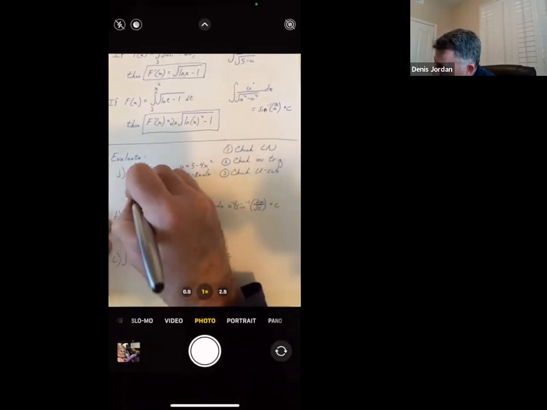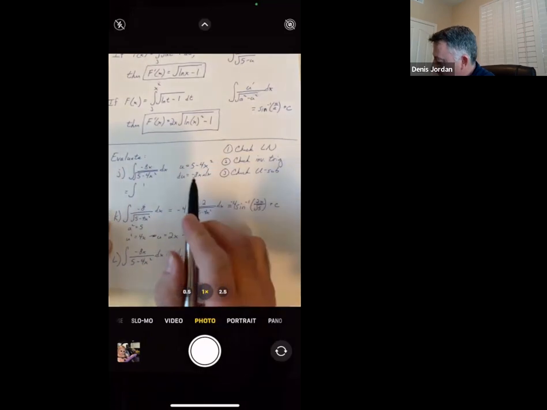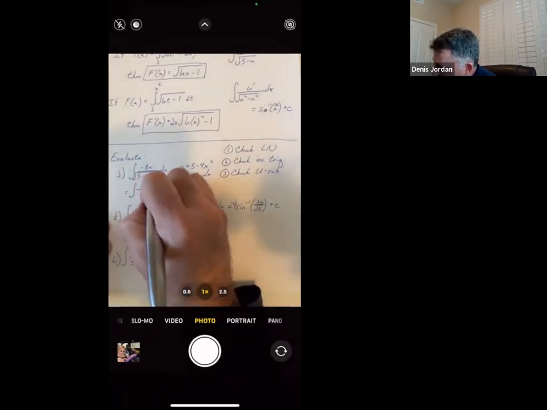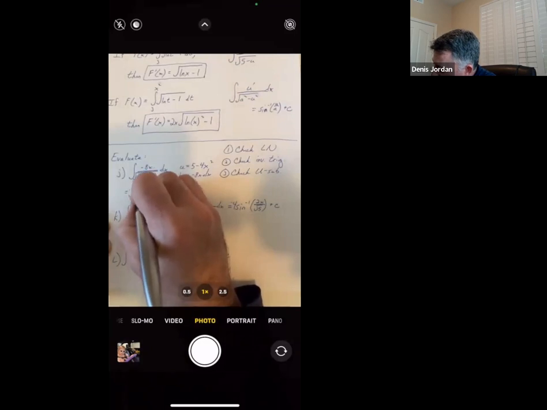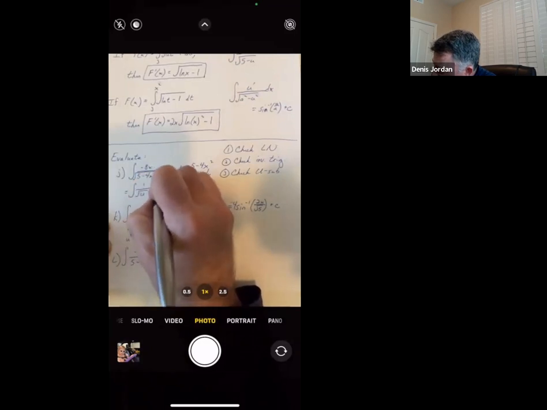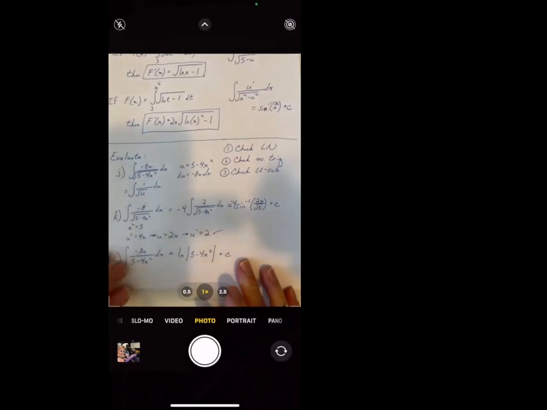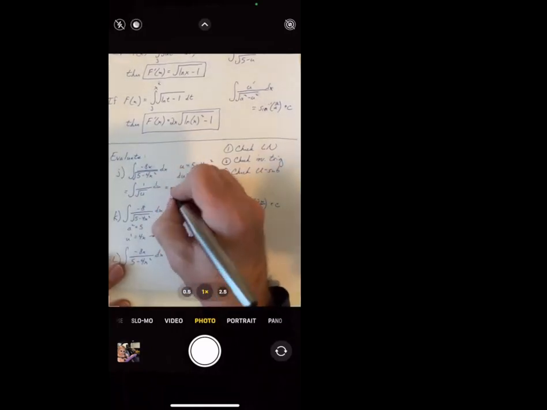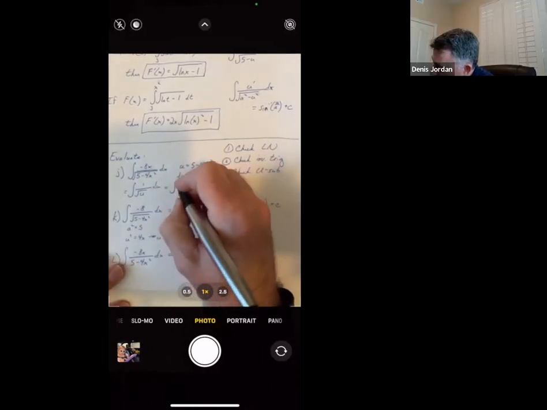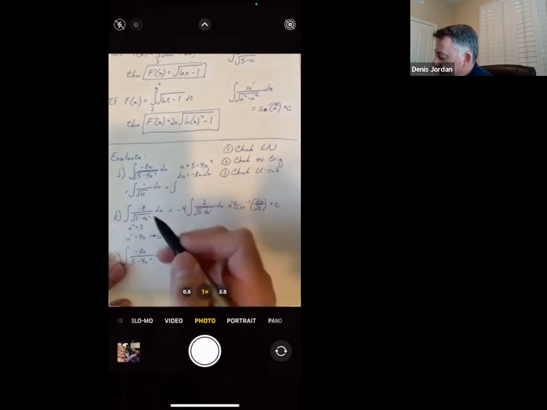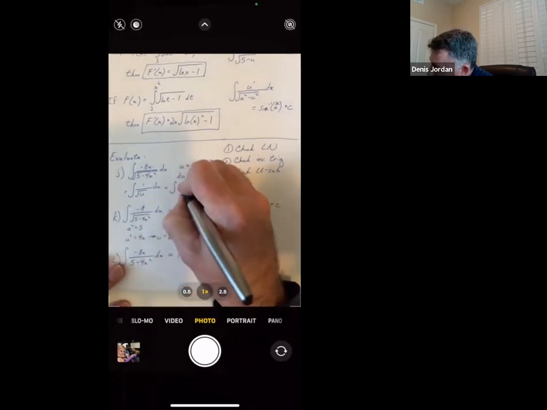Okay, so now you've got the right du, you've got the right u, so you can start plugging in everything. Change the radical into an exponent and then flip it up.